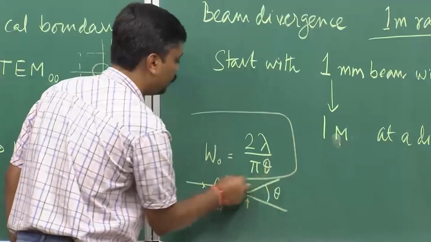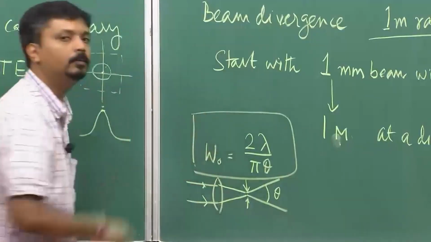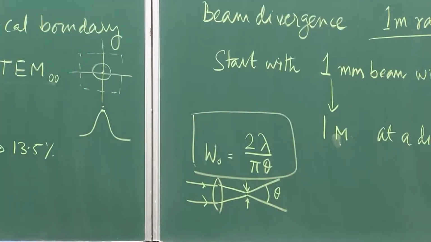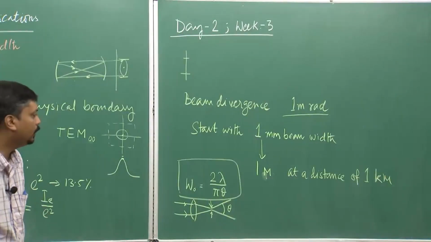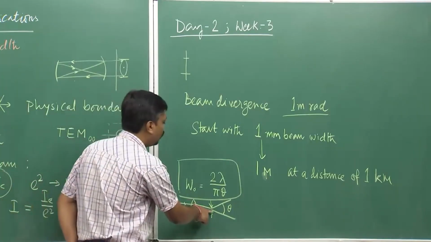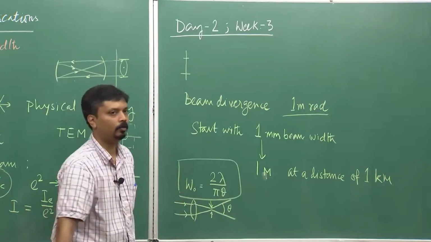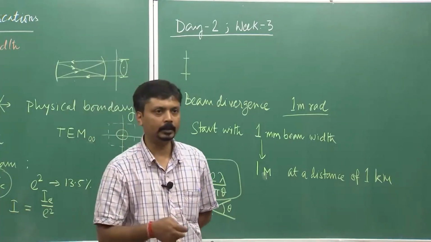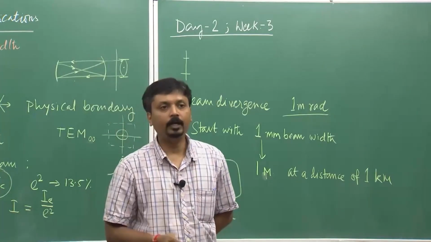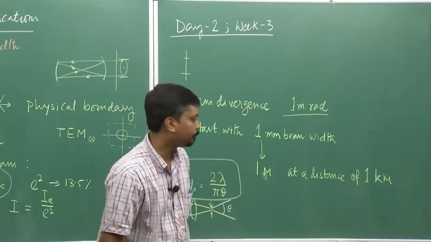So, you can get a particular spot diameter. Okay, so this is the beam waist. Now, we can go to very small values of W0, the beam waist, which is very difficult to do with conventional light.